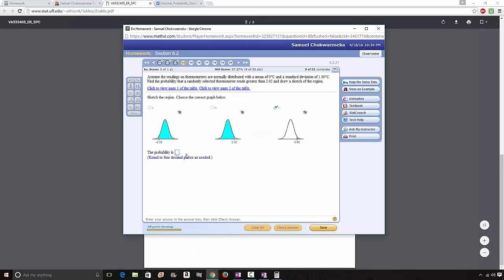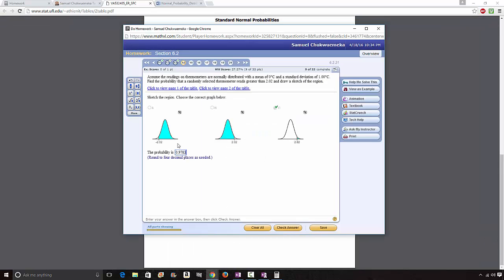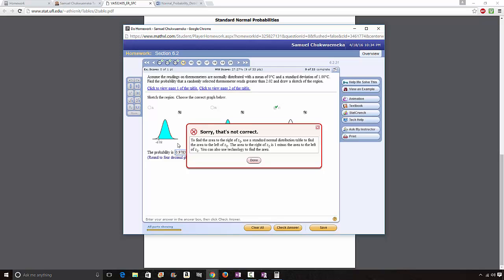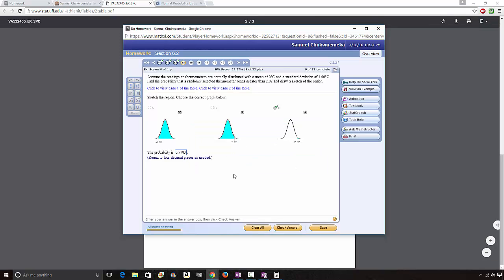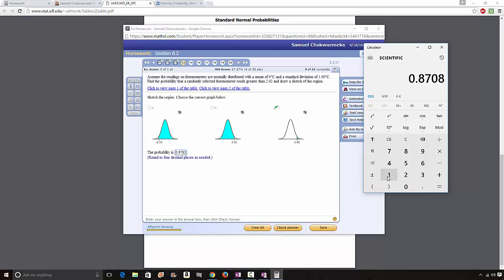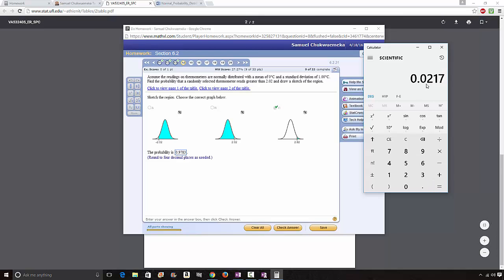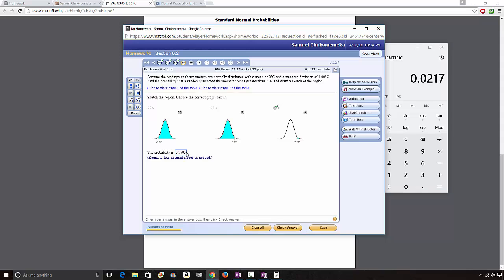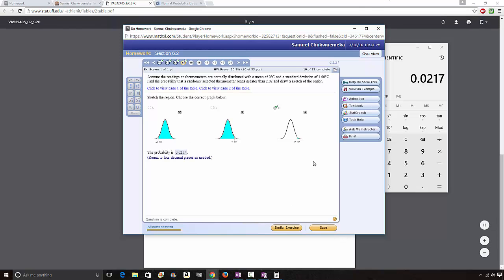Guess what? I didn't subtract from 1. I said it, but I didn't do it. Let's subtract from 1. 1 minus 0.9783 is 0.0217. Please take note.